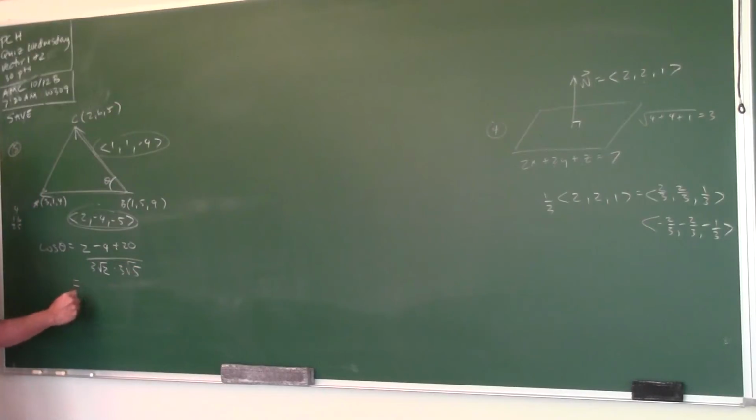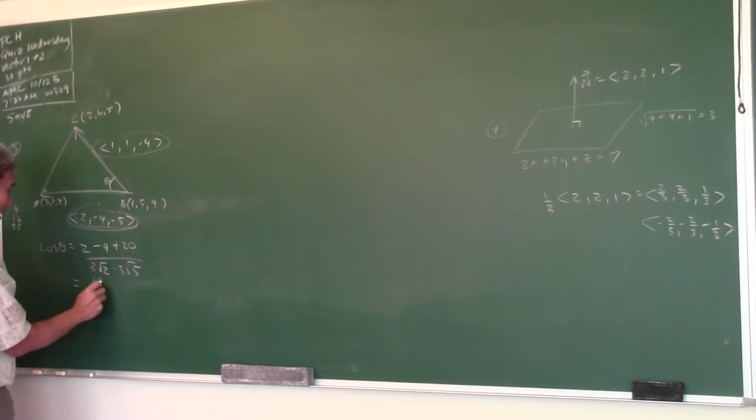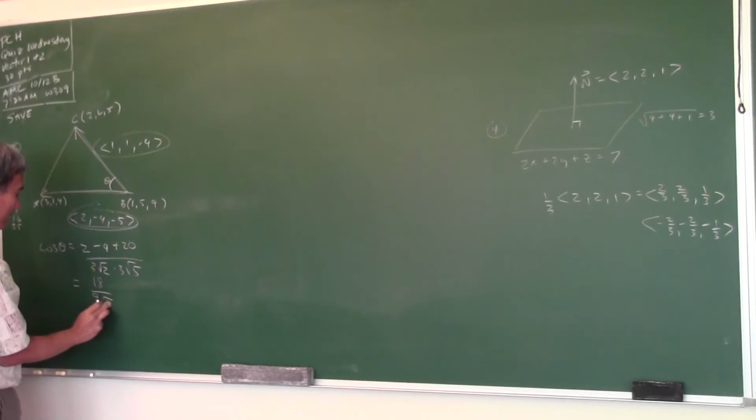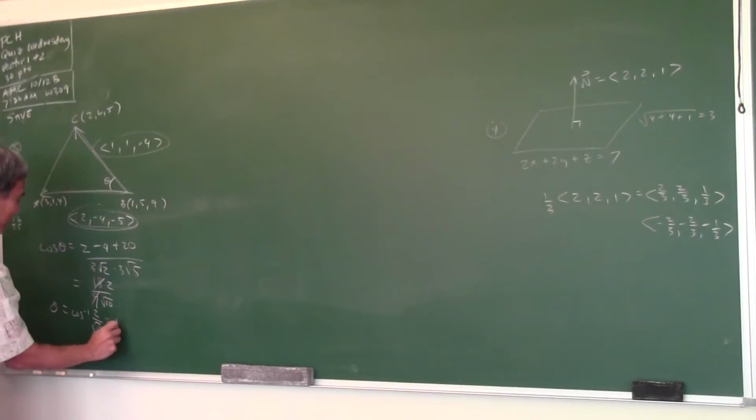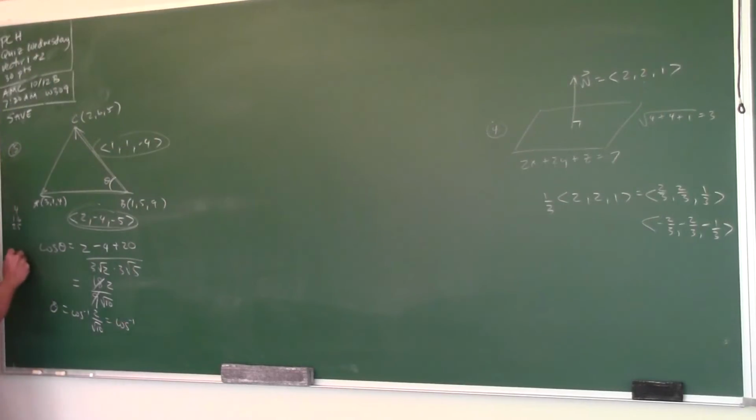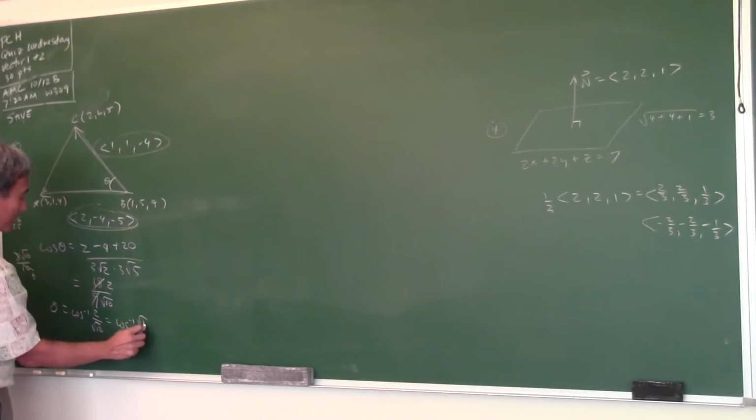So what do we got there? 18 over 9 root 10. Of course, 9 goes into 18 two times. So the angle is cosine inverse of 2 over root 10. Or should we simplify it to 2 root 10 over 10, because 2 can go into 10 five times, root 10 over 5.